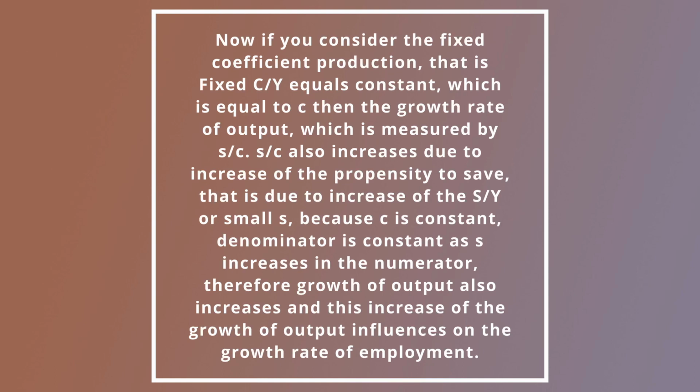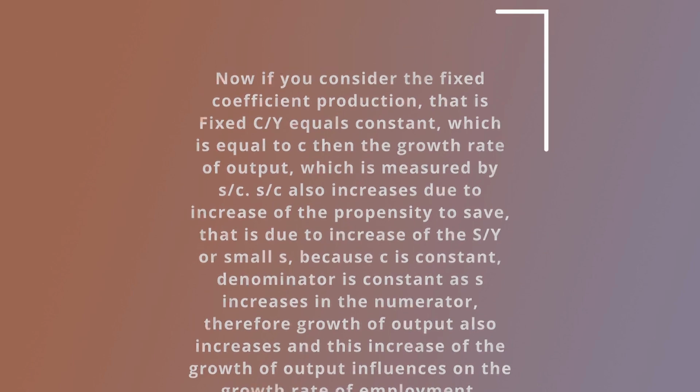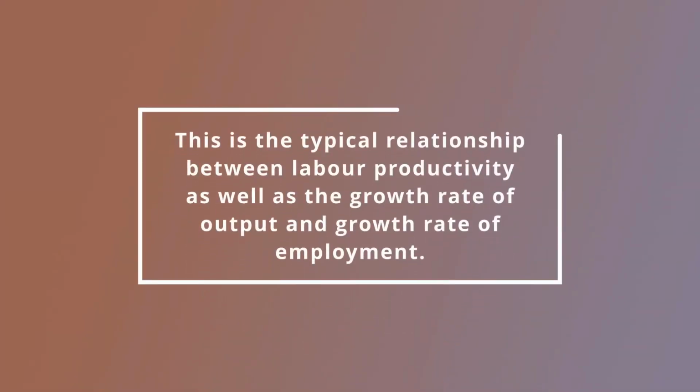As S increases in the numerator, growth of output also increases, and this increase of the growth of output influences the growth rate of employment. As growth rate of employment directly depends on the growth rate of output, growth rate of employment also increases, and this reduces the unemployment rate of the economy. This is the typical relationship between labor productivity, growth rate of output and growth rate of employment.